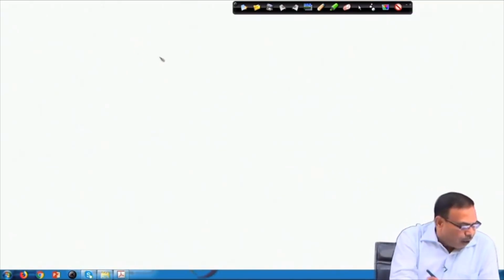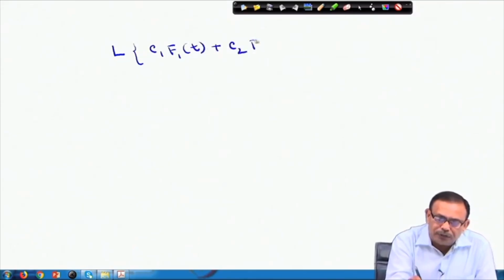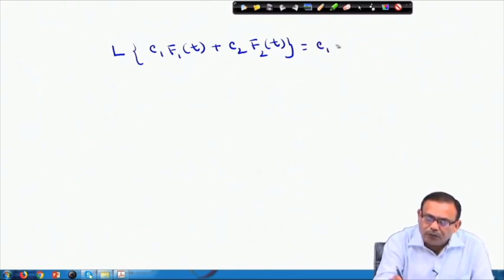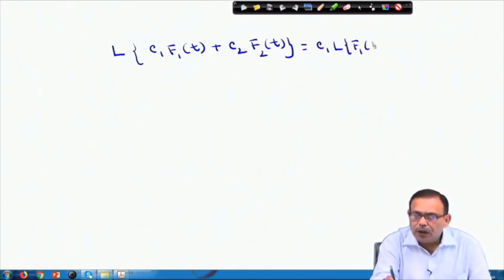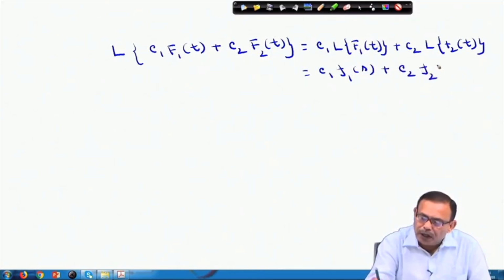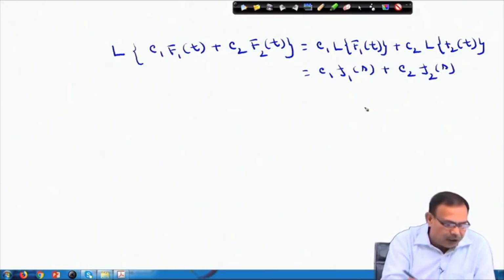In the proof, the Laplace transform of C1 f1(t) plus C2 f2(t) equals, we know, C1 times the Laplace transform of f1(t) plus C2 times the Laplace transform of f2(t), this we have already done earlier. Or you can say C1 F1(s), if the Laplace transform of f1(t) is F1(s), plus C2 into F2(s), where F2(s) is the Laplace transform of f2(t).